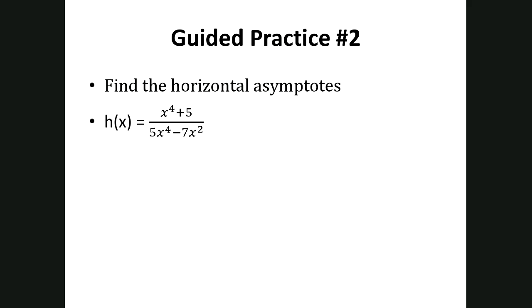What about this one? What about this h of x function here? What about this rational function? What about this one right here? Very good. Yes, what he said. Let's be as easy as possible.